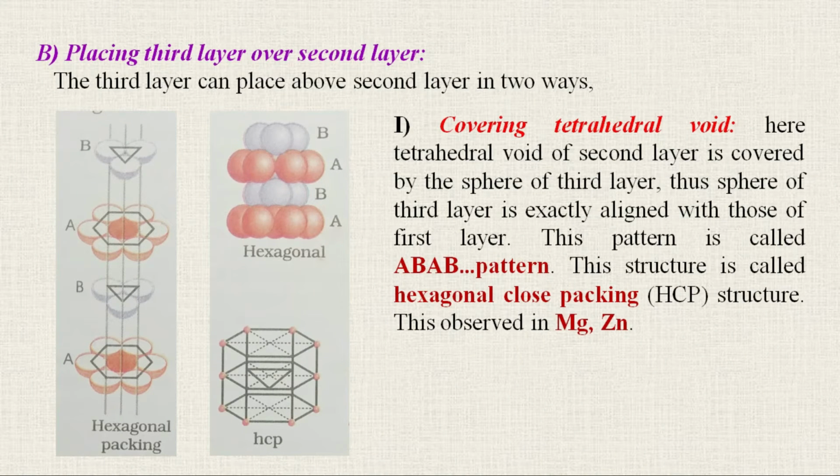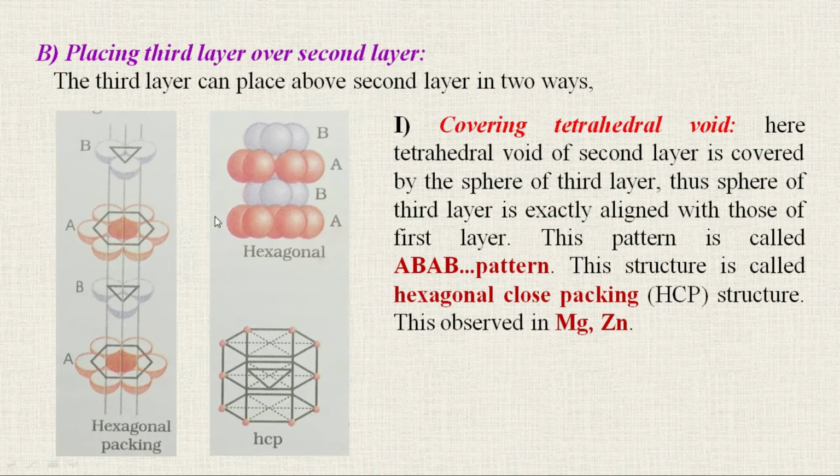So we come to know that after placing the second layer, we got two types of void, either tetrahedral void or octahedral void. Now when I keep a third layer, the placing of the third layer is again of two types or two ways.